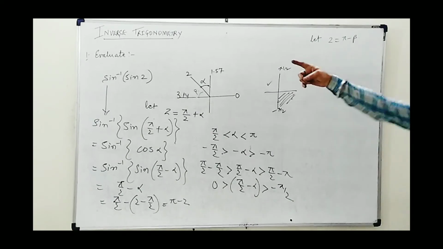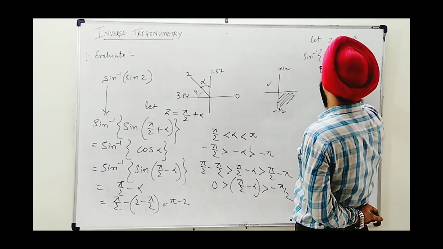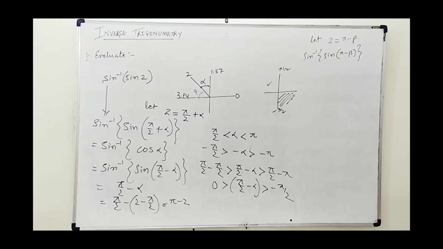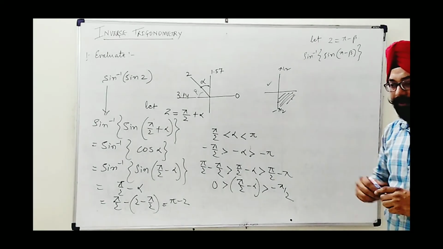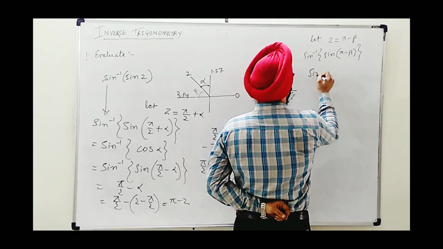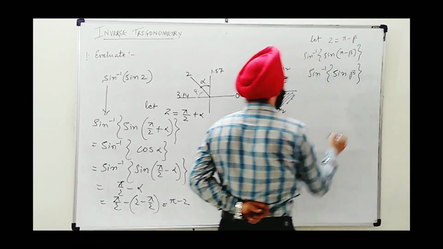As soon as I do this, the given expression can be written as sine of pi minus beta, taking it in place of 2. We know that sine of pi minus theta is equal to sine theta by the right angle concept. So this will become sine inverse sine beta.